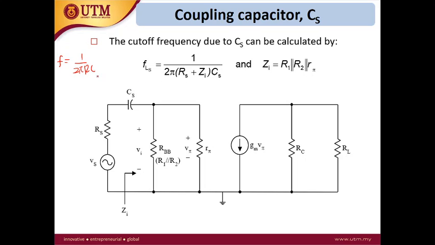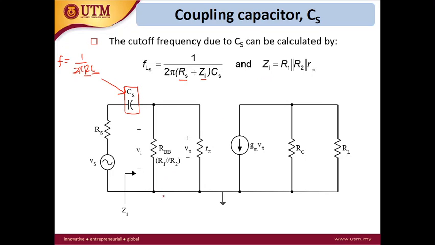The capacitor value is only CS, but the R value is the total resistance of the amplifier, RS plus the input impedance, which is the impedance seen from this CS point. So we can have the cutoff frequency due to CS only.